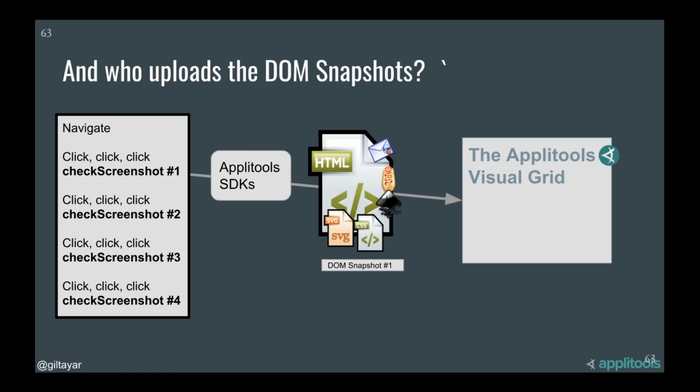In the future, we will have more SDKs that know how to use the visual grid. So these SDKs, the Cypress and the Storybook, don't take screenshots in the test, in your computer that is running the test. Rather, they take the DOM snapshot, bundle it, and send it over to the visual grid, and that is where we can take screenshots in various widths and in various browsers in parallel.